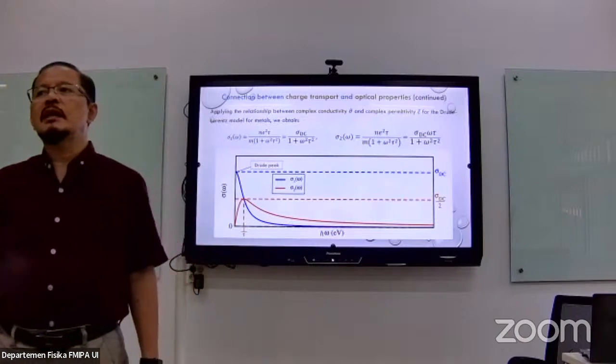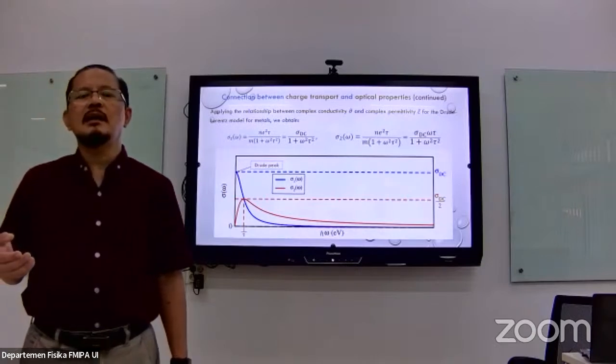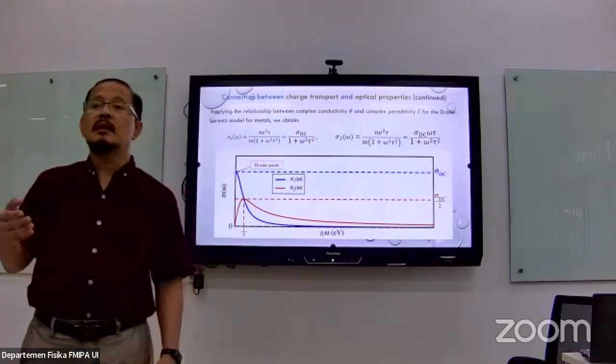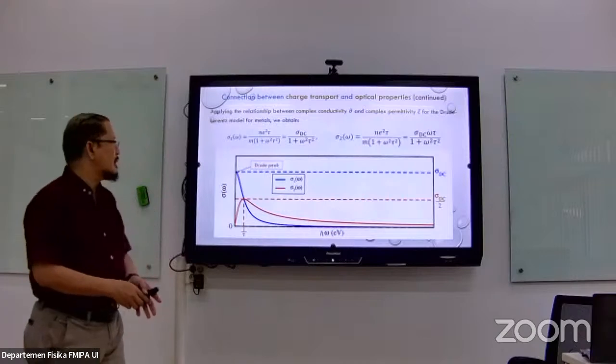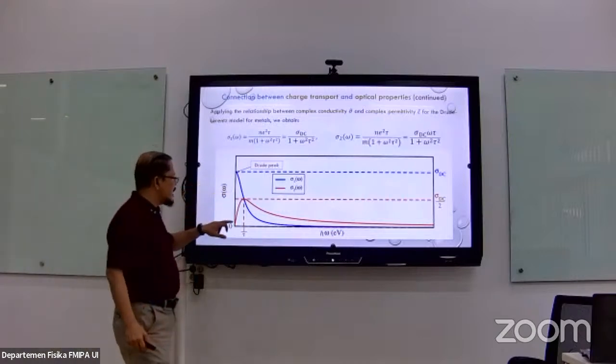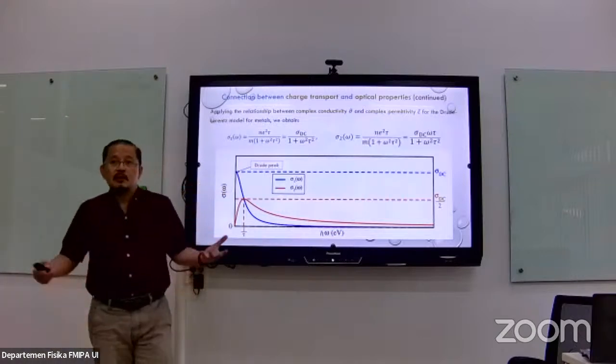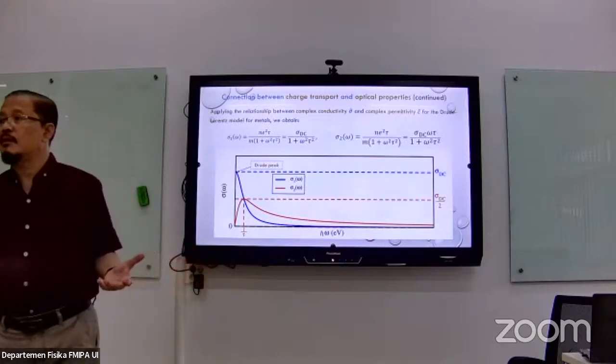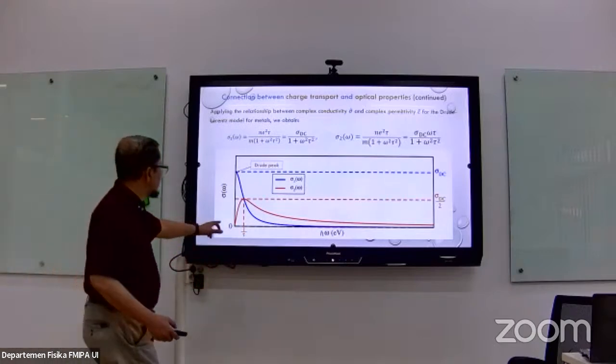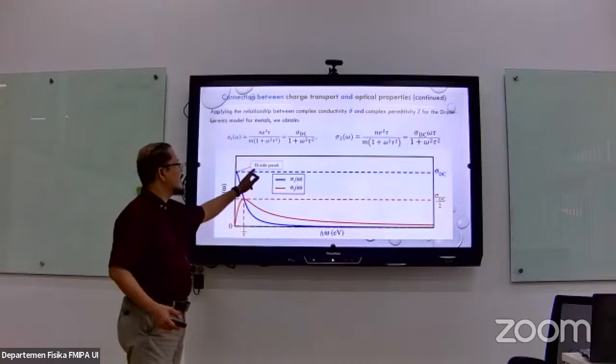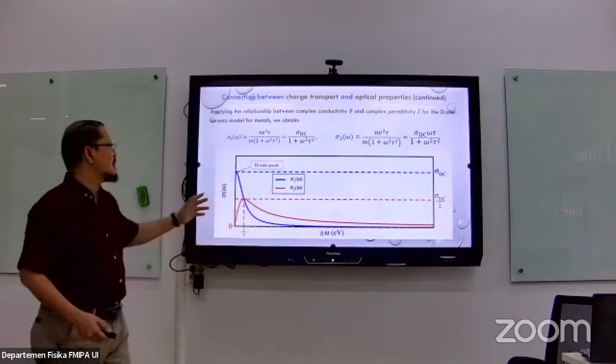If it is an actual insulator, then the value of sigma would be 0, because an insulator doesn't have conductivity. So it will go like this if it is an insulator. I'll show it in the top one.